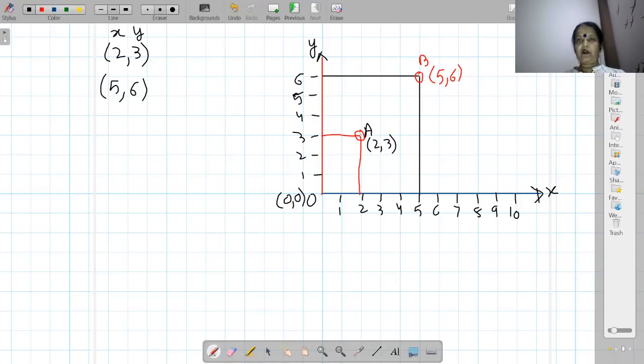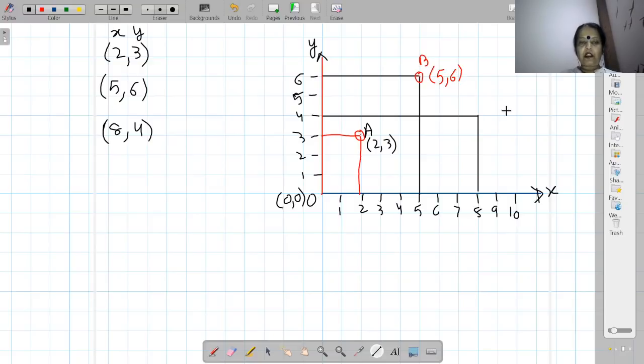0 and 0. Okay. Now let's take one more. Let it be 8 and 4. How will you plot it? 8 and 4. Let's see. From here you will take the value of x as 8, and from y you will take the value of y as 4, and then you will move towards each other.